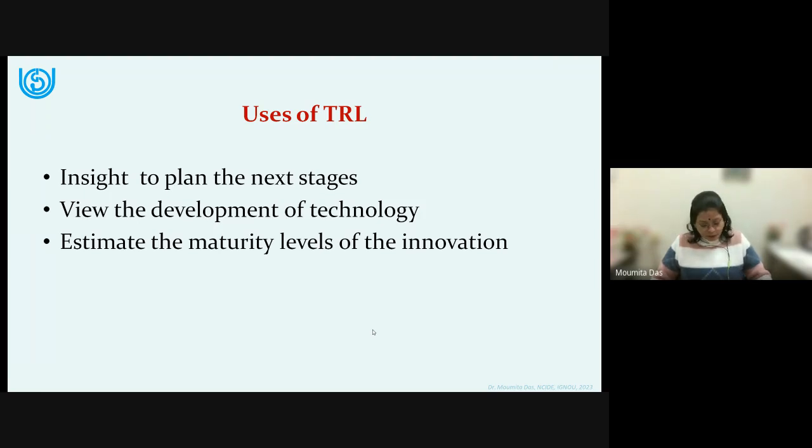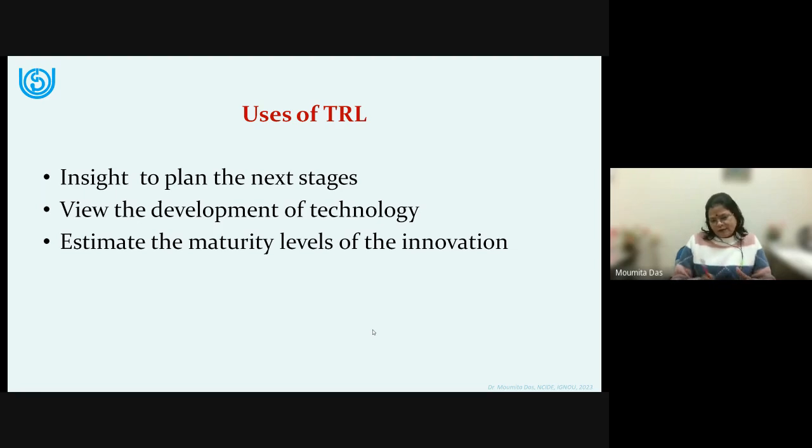Now there is a phrase called the valley of death. Just for your information, there are TRL levels 1 to 4, and most of the universities take an idea up to TRL 4, from 1 to 4. They deal with that.